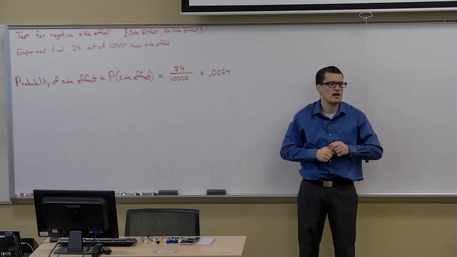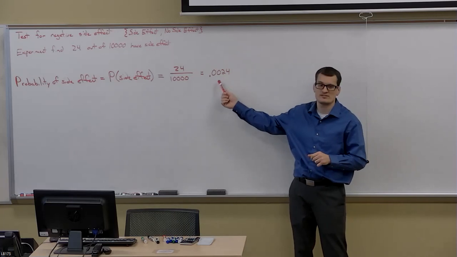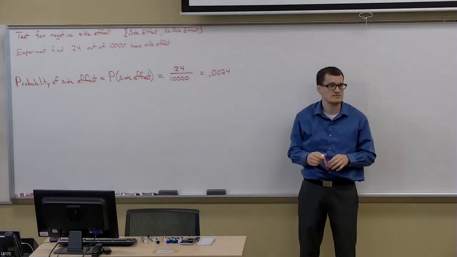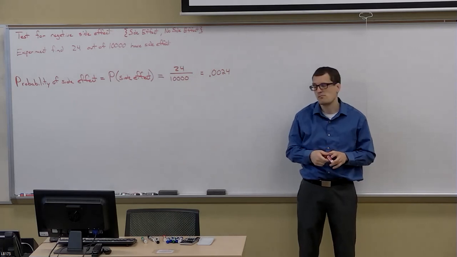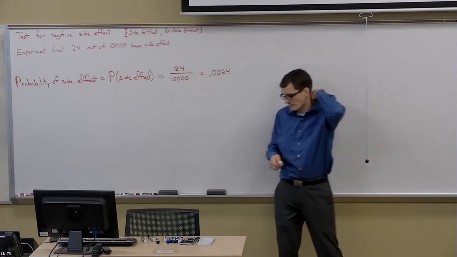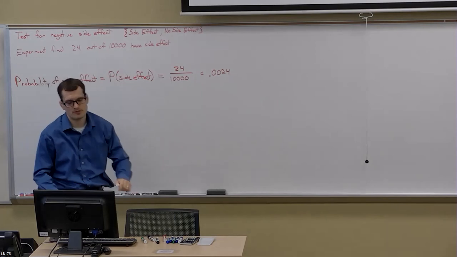Again, just watch what Moodle asks you to do. If it asks you to round to 4 decimal places, do that. If it asks you to give the fraction, you can just give the fraction. Is that all right? So that's the idea of empirical data.